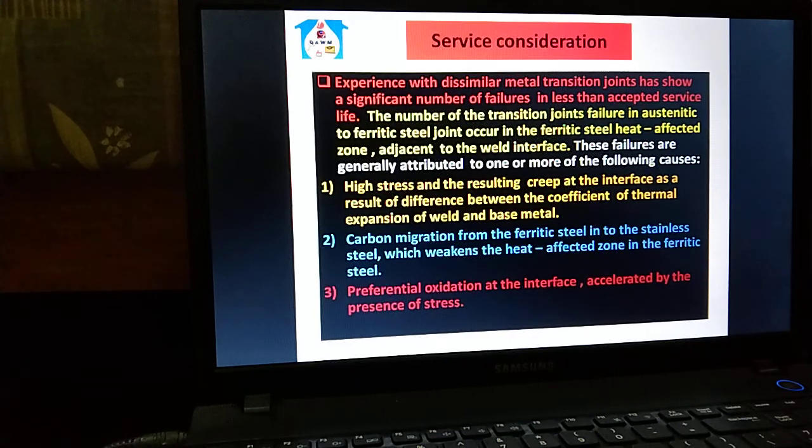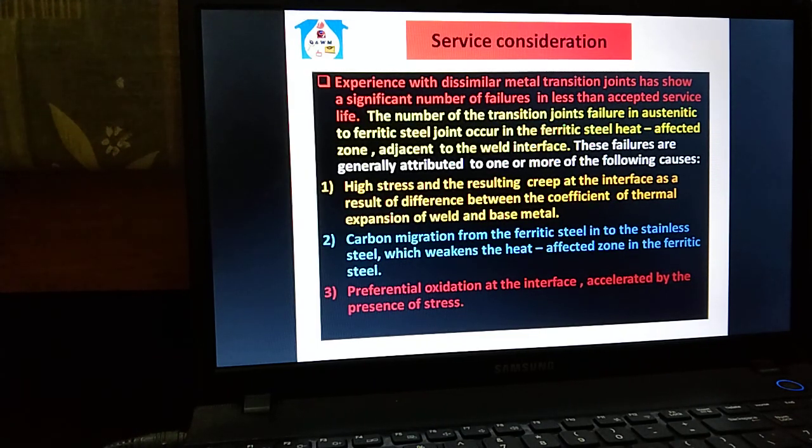These failures are generally attributed to one or more of the following causes. Number one, high stress and the resulting creep at the interface as a result of the difference between the coefficients of thermal expansion of weld and base metal.